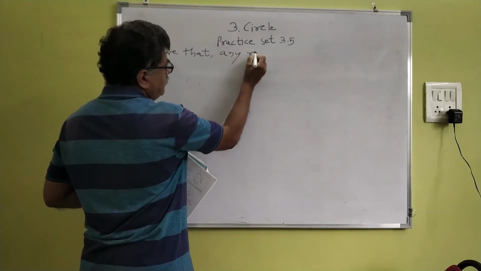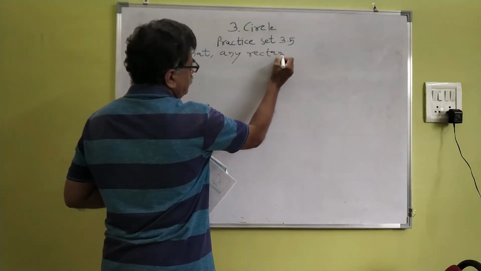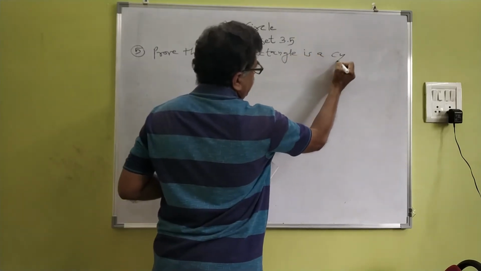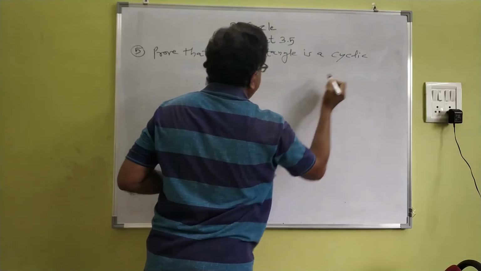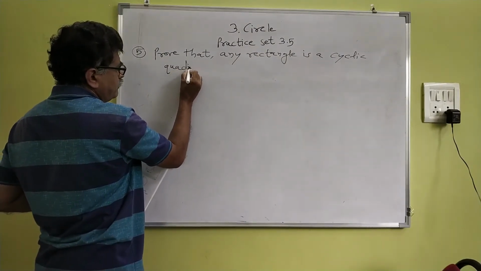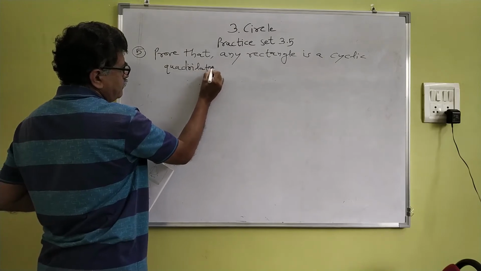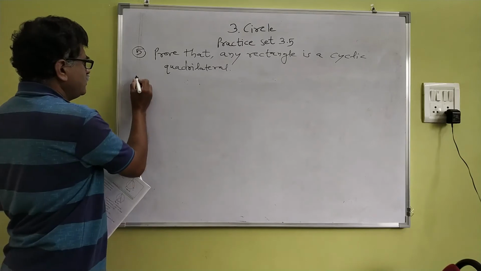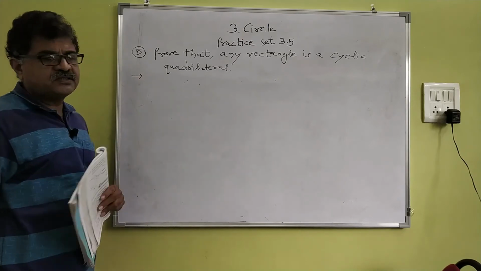Any rectangle is a cyclic quadrilateral. We have to prove this.